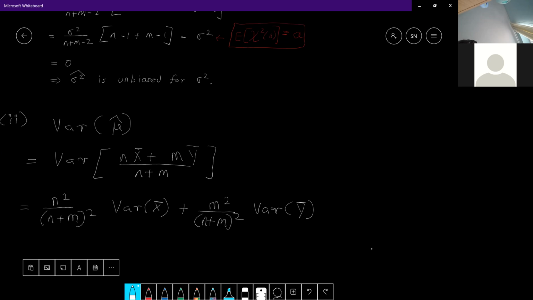Right, now let's see what happens. N squared divided by n plus m squared. X bar, all of you know, is 1 over n times the sum of xi.